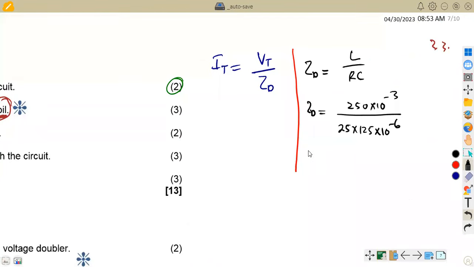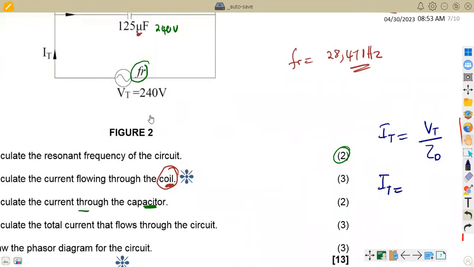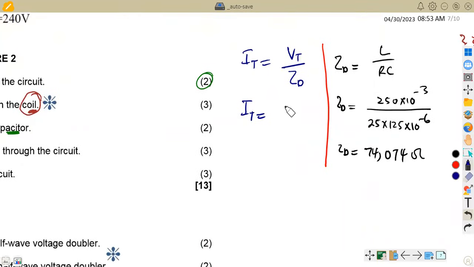Simplifying from your calculator, your dynamic impedance is going to be 74.074 ohms. This can help us now to calculate the total current from the total voltage of our circuit, which is 240.